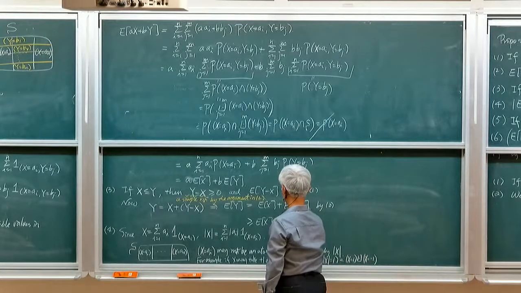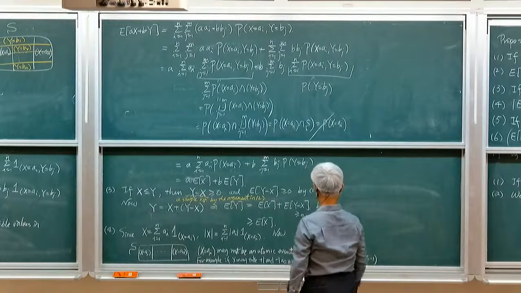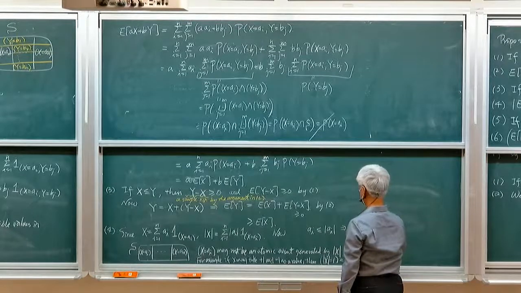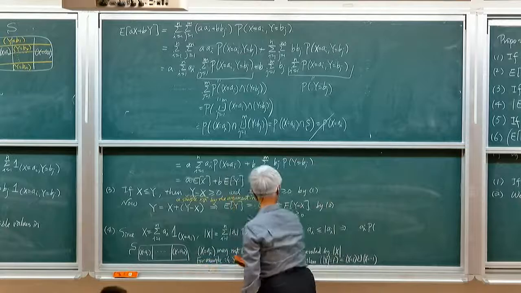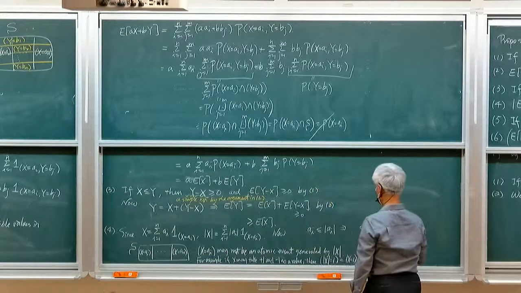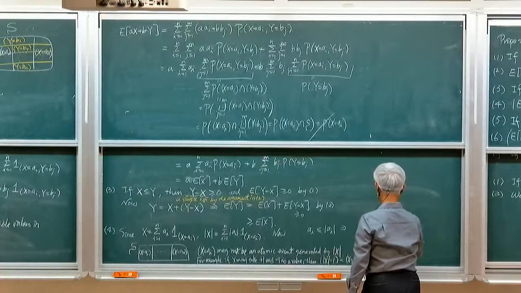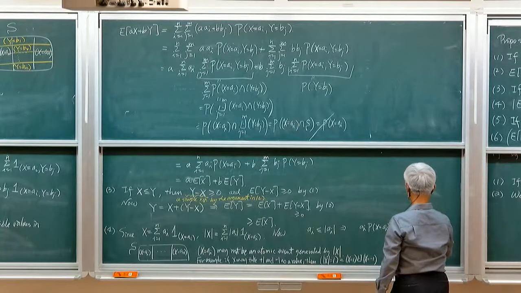So now we know a_i is less than or equal to the absolute value of a_i. That means a_i times the probability of x equal to a_i is less than or equal to the absolute value of a_i times the probability of x equal to a_i.